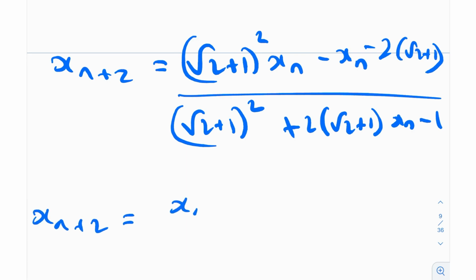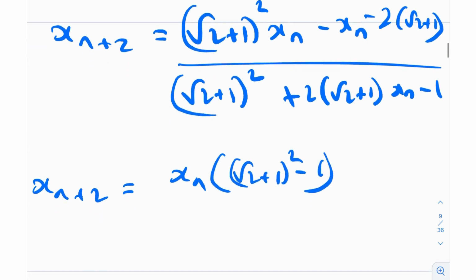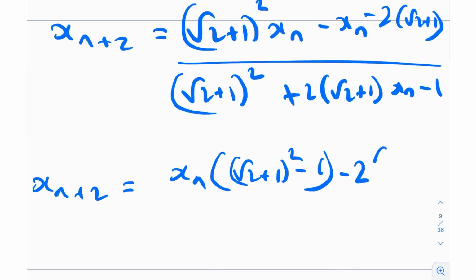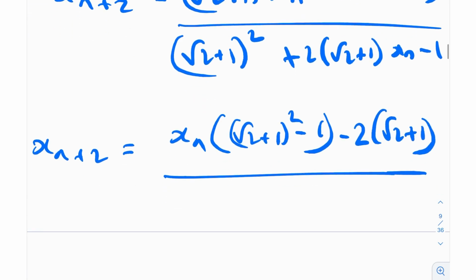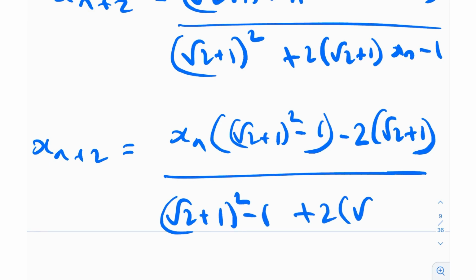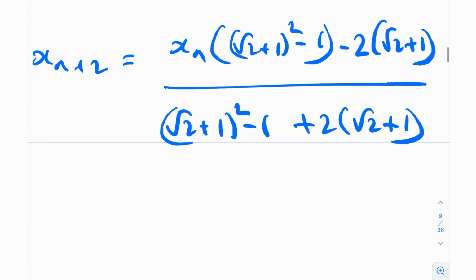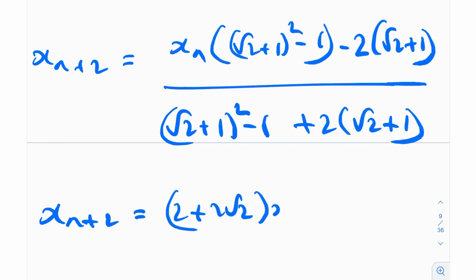I can take xn common and then I'll be left with (root 2 plus 1) whole squared minus 1, minus 2 times (root 2 plus 1). And in the denominator I would have (root 2 plus 1) whole squared minus 1 plus 2 times (root 2 plus 1). And again, simplifying the radicals a little bit over here, I'd get (2 plus 2 root 2) times xn minus (2 plus 2 root 2).